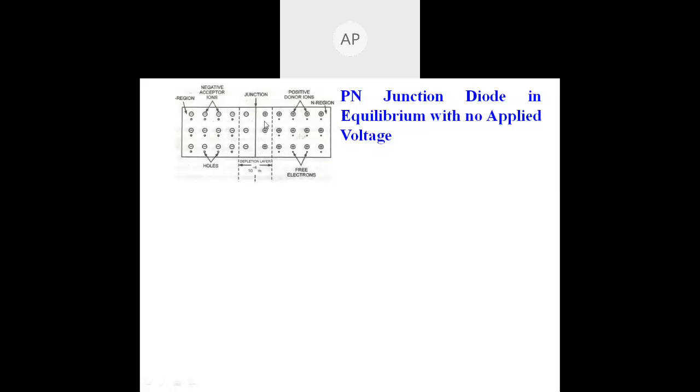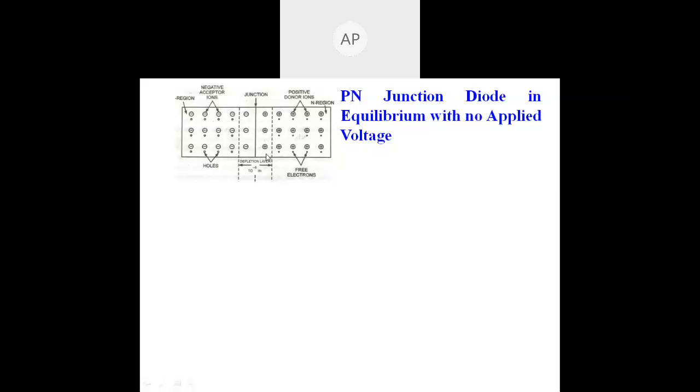Similarly, a number of combinations take place here, so a number of ions are found near the junction. For the N side, positive ions are accumulated, and for the P side, negative ions are accumulated.